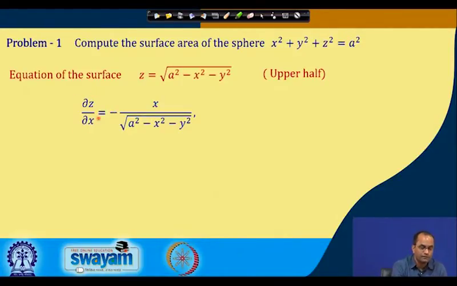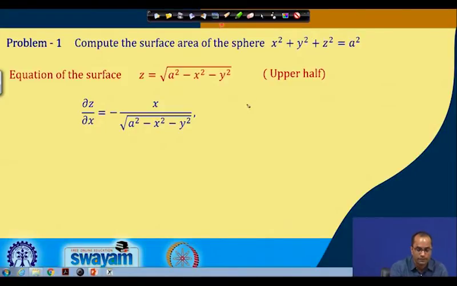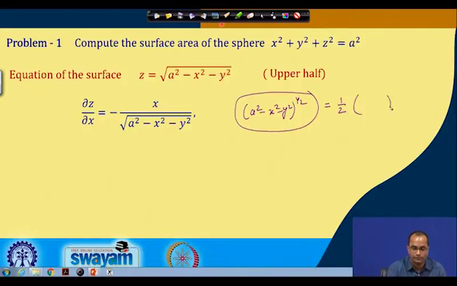So, for the partial derivative of z with respect to x, this is power half here. So, we have (a square minus x square minus y square) power half, and when we differentiate this with respect to x, we will get half the same expression, with power half minus 1, which is minus half here, and then the derivative of a square minus x square minus y square with respect to x, which will be minus 2x.